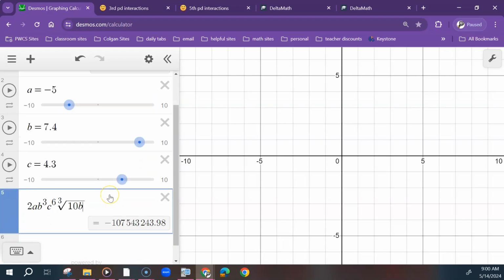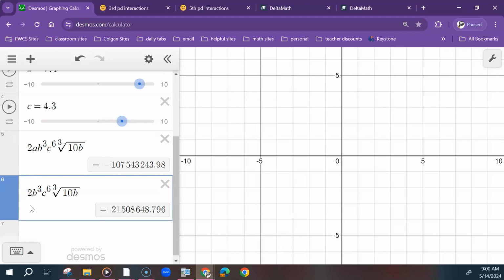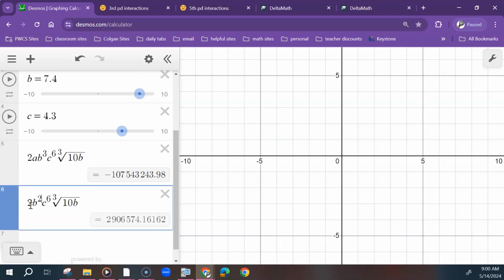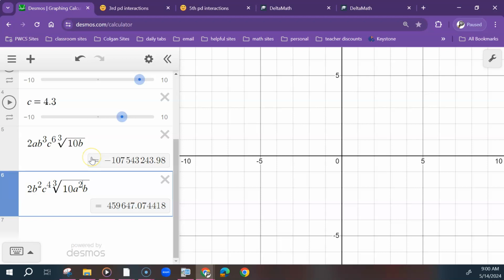So I can say it's not A, the decimals don't match. Not B, the decimals don't match again.